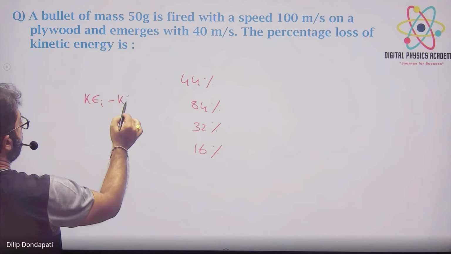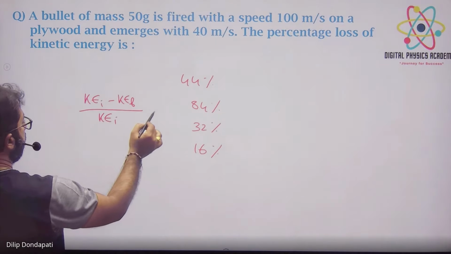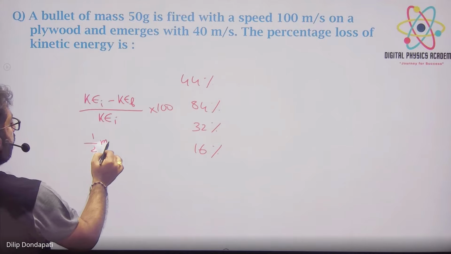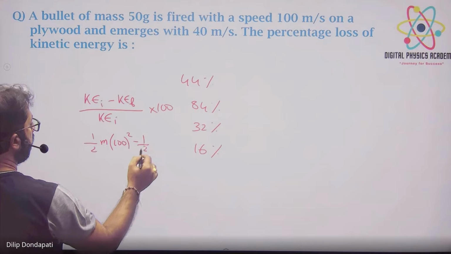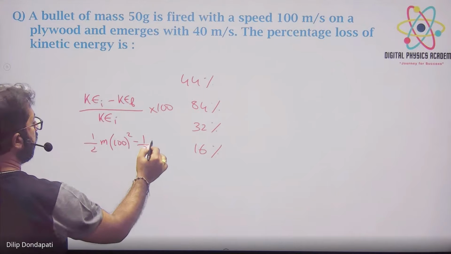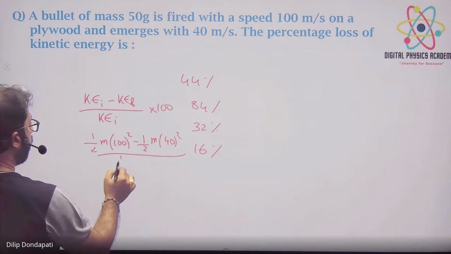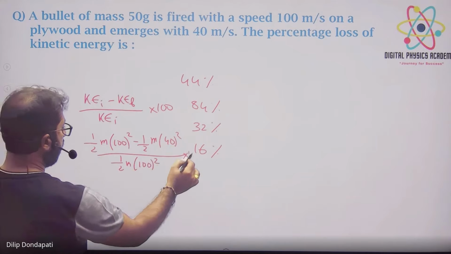Sir, I'm getting 40, sir. Kinetic energy final by kinetic energy initial into 100, right? कितना, half m into 100 square minus half m into 40 square by half m into 100 square into 100.